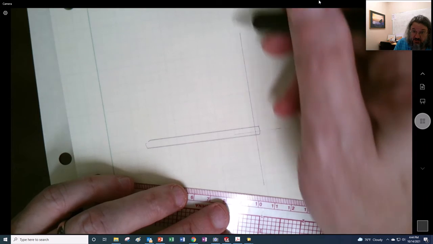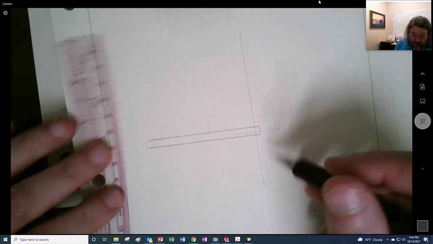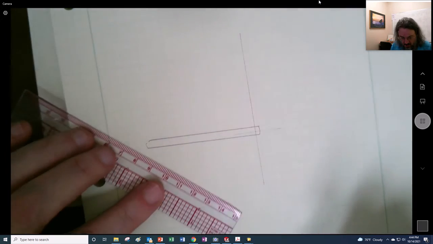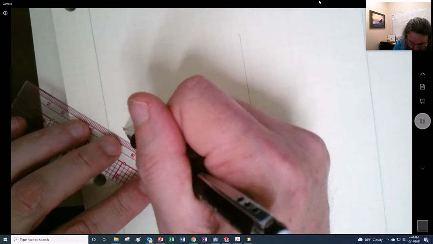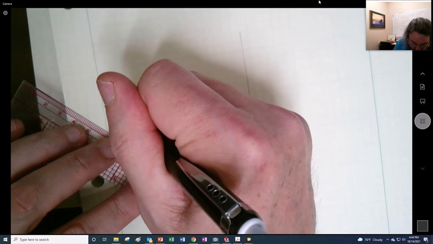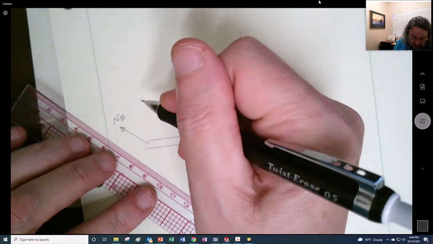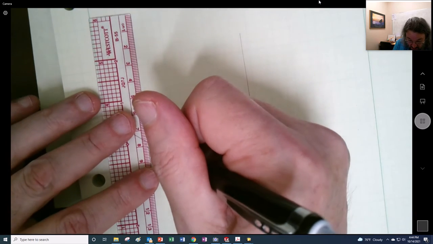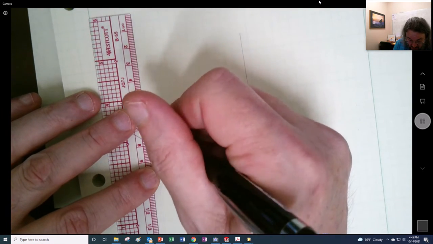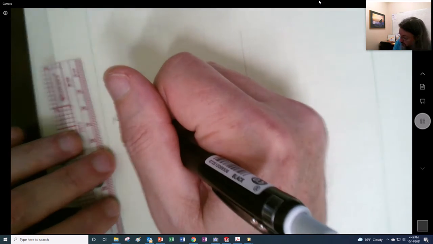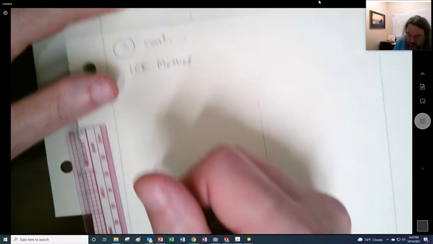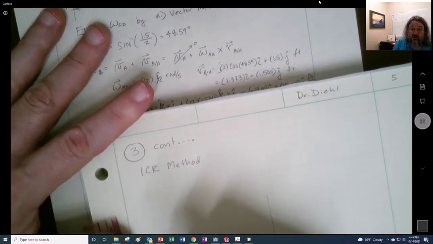So a line perpendicular to it goes either up and down. And then we also know from this that we're going to get a velocity of B that's going in that direction. We also know the angle of this right here is the 48.59. I think we found somewhere. Yeah, 48.59.